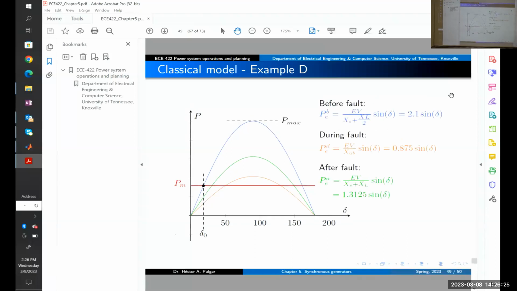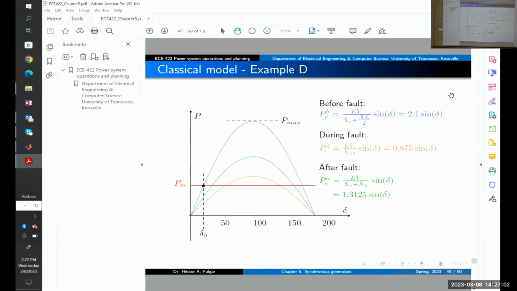here's the equation. So we have the electrical power before, during the fault, and the electrical power after the fault. The first one is EB XS plus XL over 2 sine of delta. The second one is XEB over XAB sine of delta.